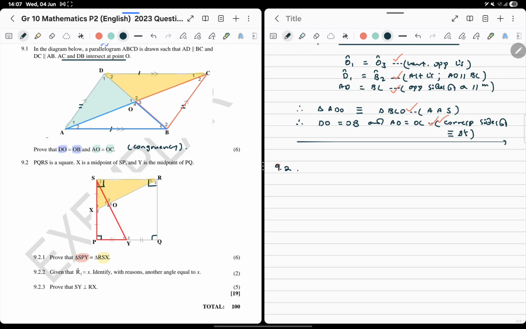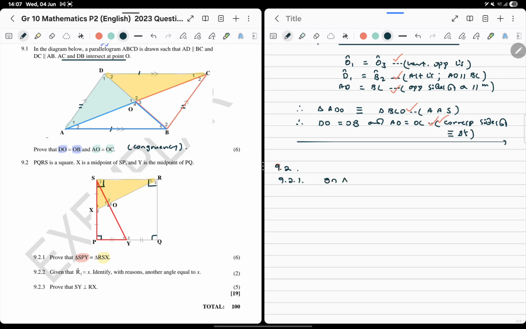But here's what is important. We know that the midpoint of this side is the same as the midpoint of this side. So we can say side, angle. Because to use the right angle, hypotenuse side is going to head, but other things are not clearly linked, so we cannot use them. Okay, so we're going to say 9.2.1.